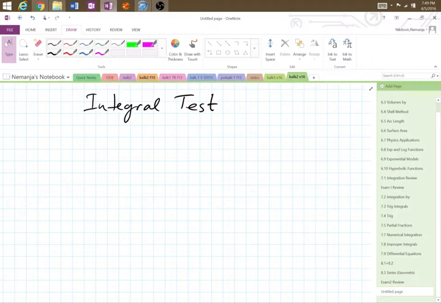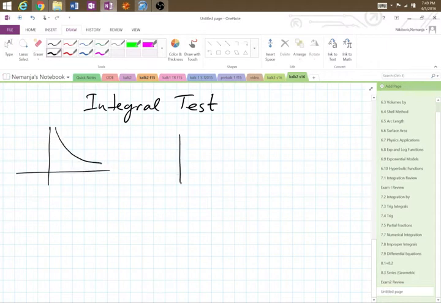Remember how the graph for our continuous world looked like this, and the graph for our discrete world looked like that, right?